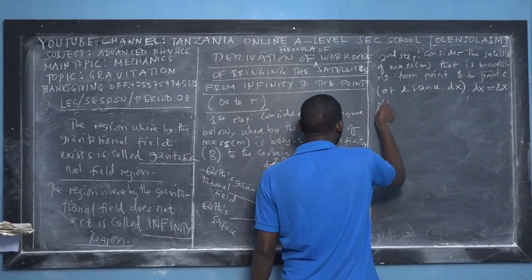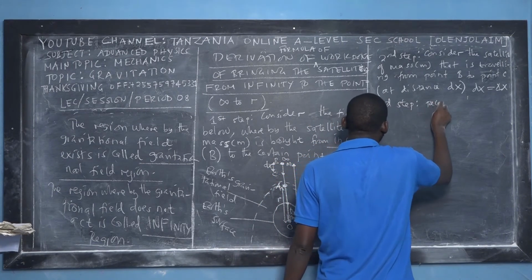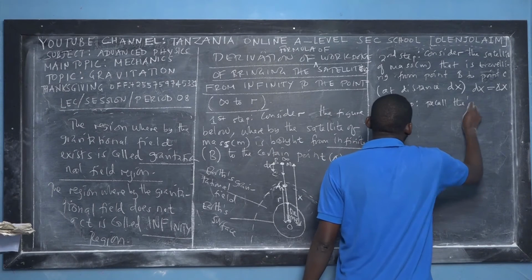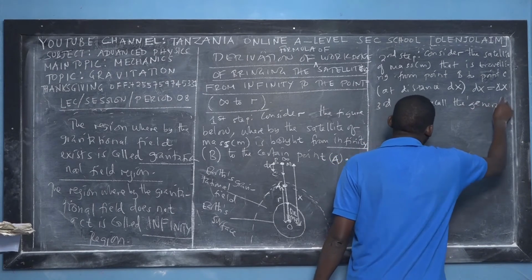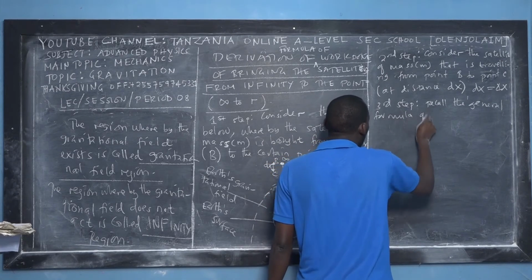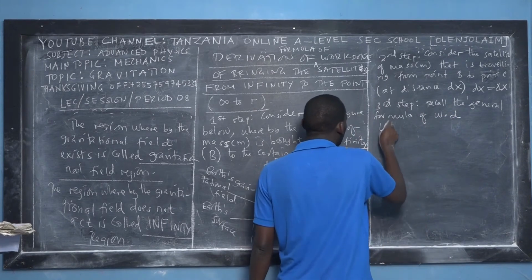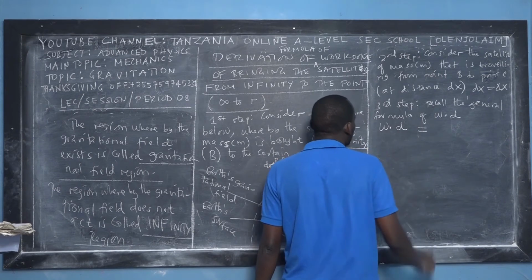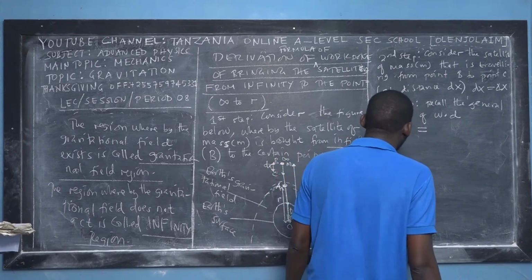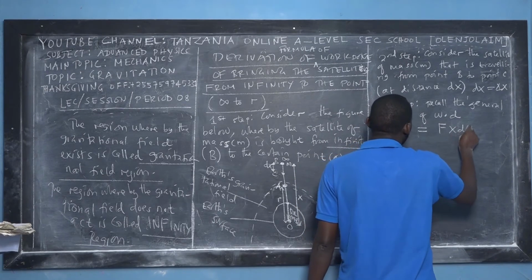So we go for the third step, the general formula of work done. In our ordinary education, work done is equal to force times distance.